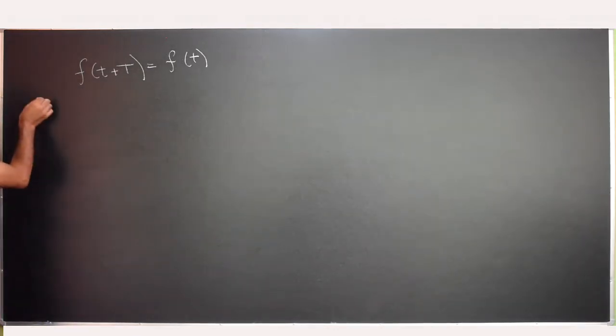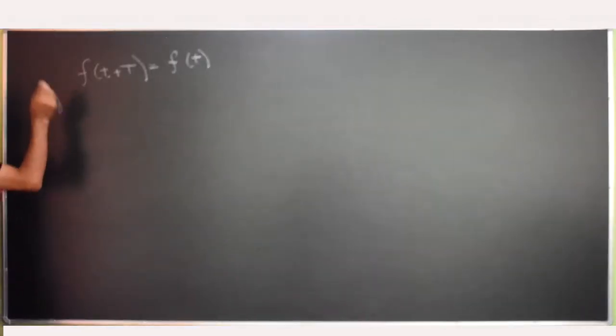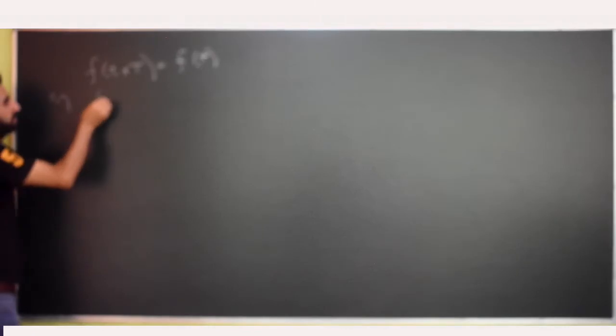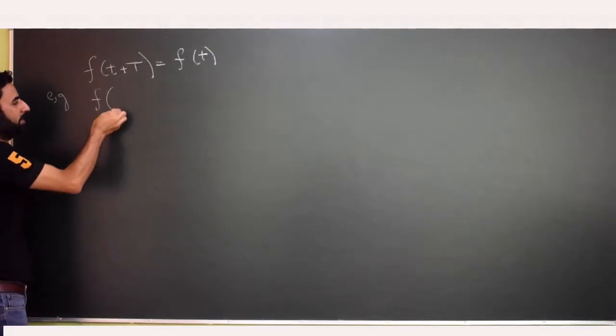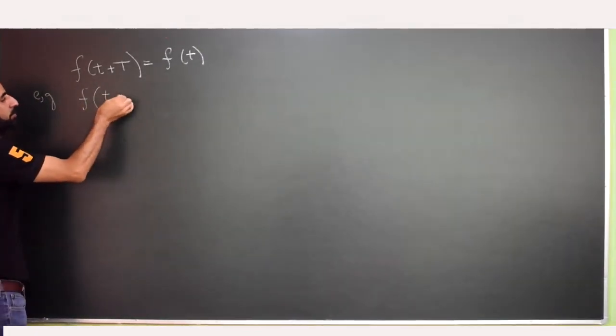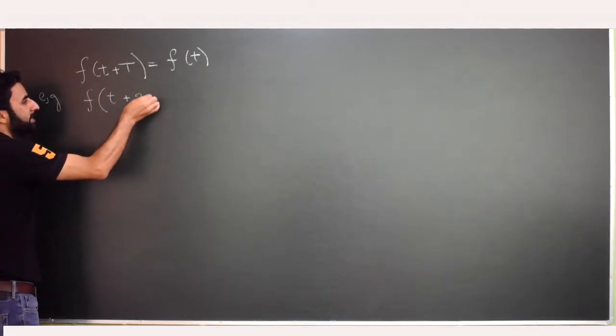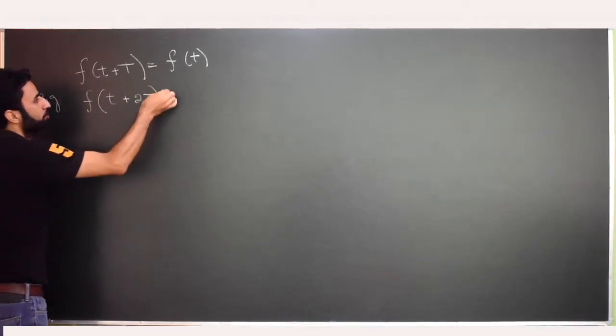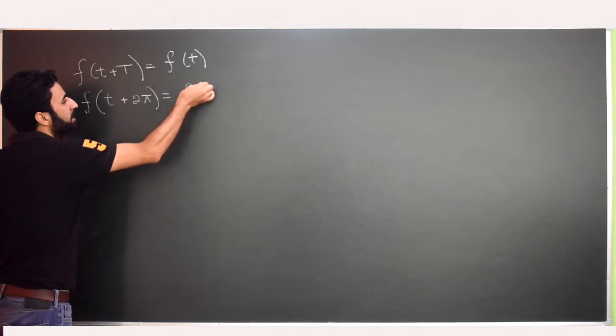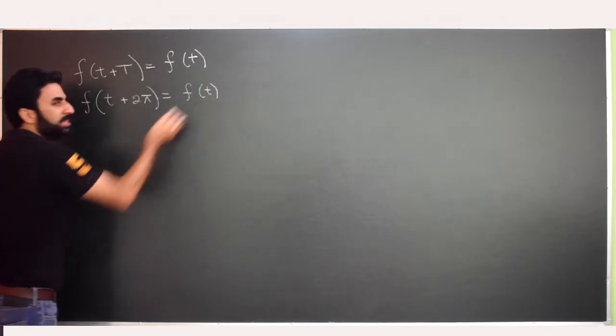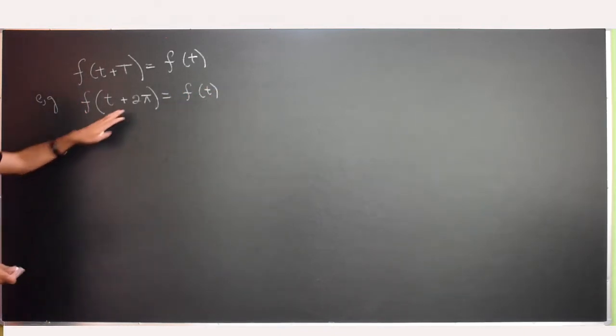In case of sine and cosine functions, it will be f of t plus 2 pi. This will be equal to f of t because 2 pi is the period of the function.